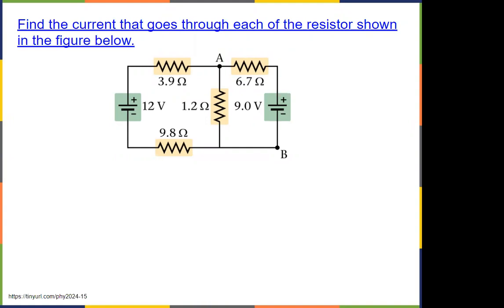You can write one equation out of the junction rule. You can write two more equations out of the two loops, the loop rule, and then try to solve for the current that goes through each of the resistors shown in the figure below. We can take a look at the solution in a few minutes together.